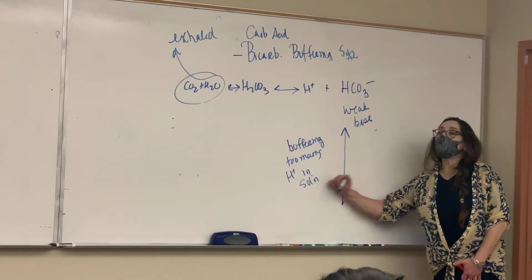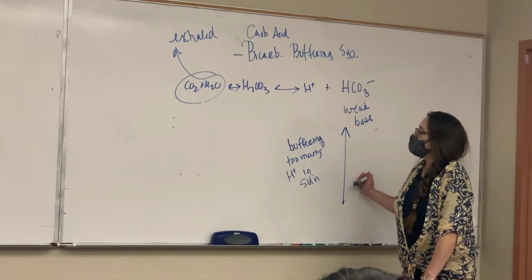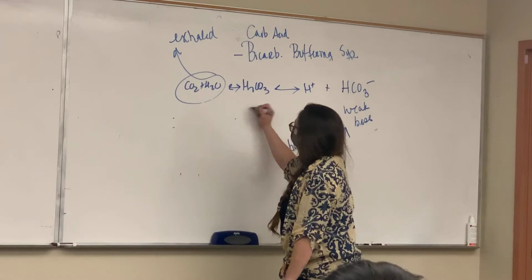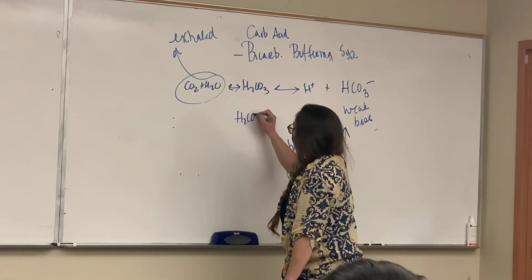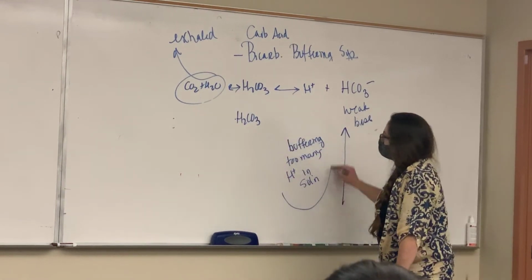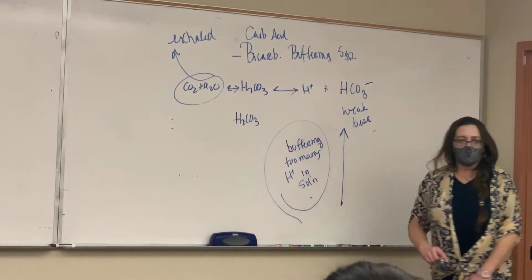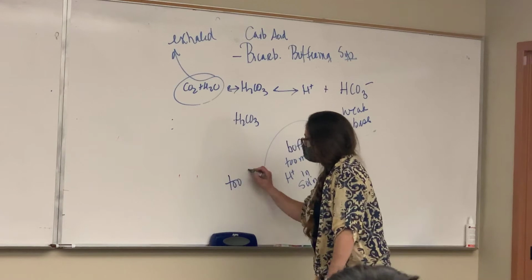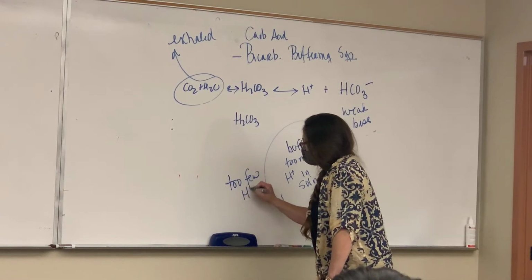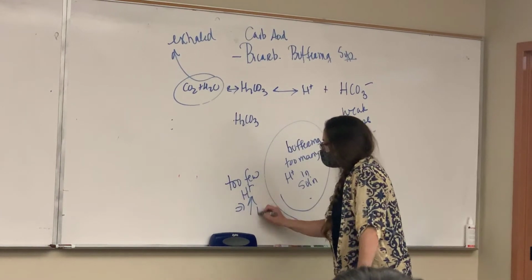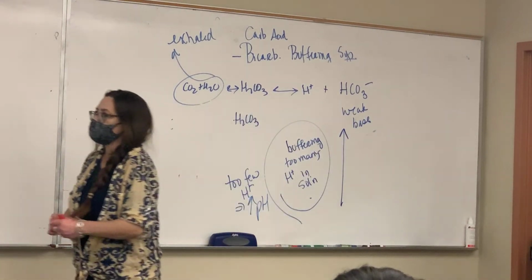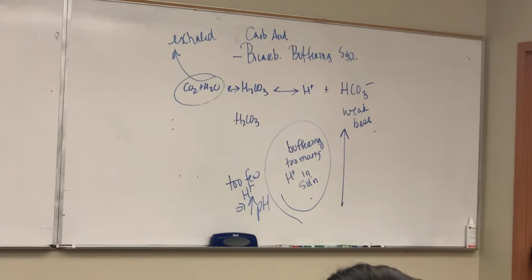But now, too many are getting buffered. And as too many get buffered, that means that we're going to then form carbonic acid, and we end up with too few in the extracellular fluid. And too few hydrogens causes pH to go up. That's how you get metabolic alkalosis from this.